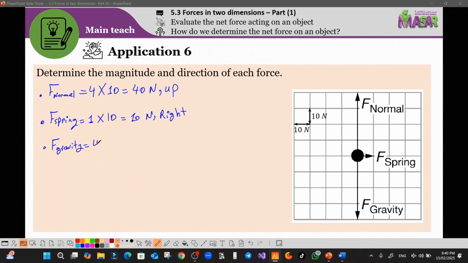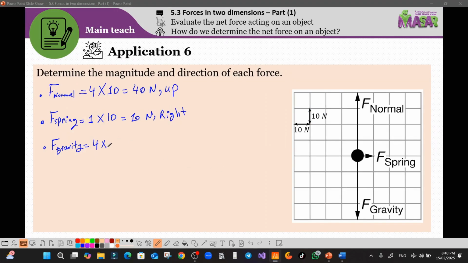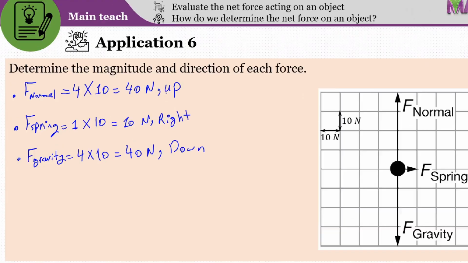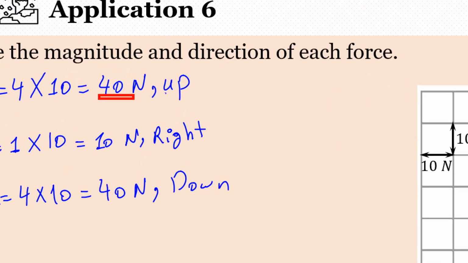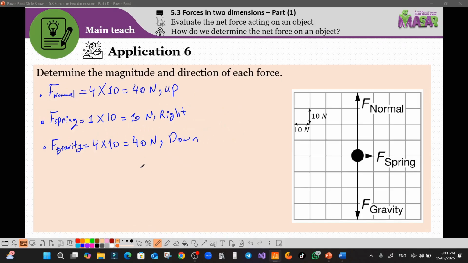So 4, and the scale used here vertically is 10, and the answer is 40 Newton down. Notice that the F normal has a magnitude of 40, but it's directed up. And for the force of gravity, we have 40 again, which is equal to the normal push. However, the direction is in the opposite direction.